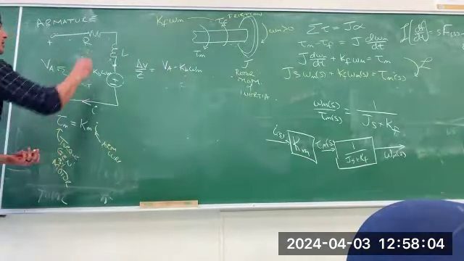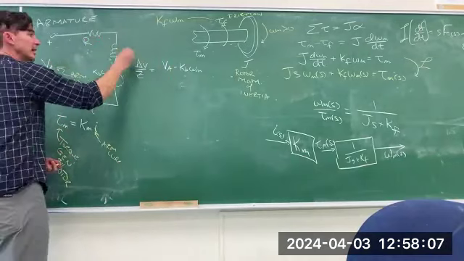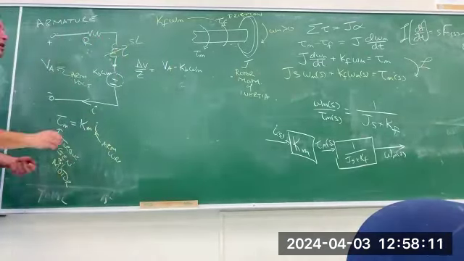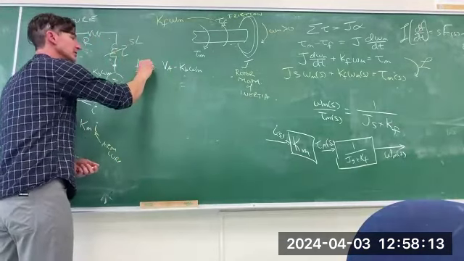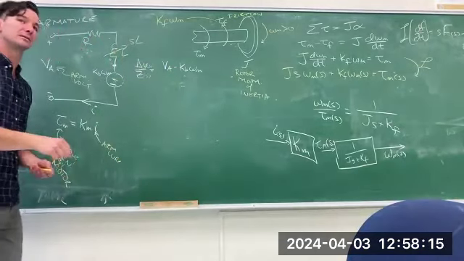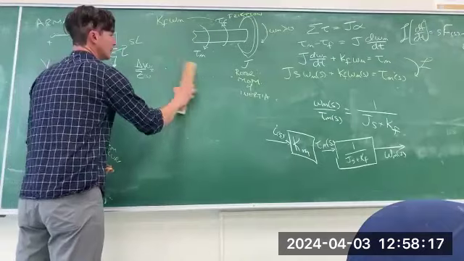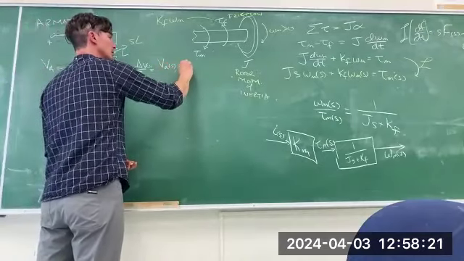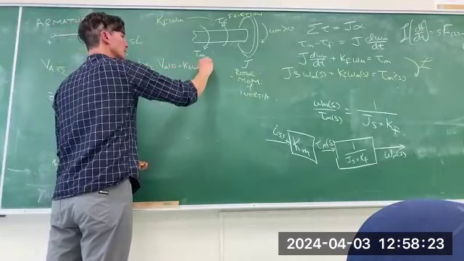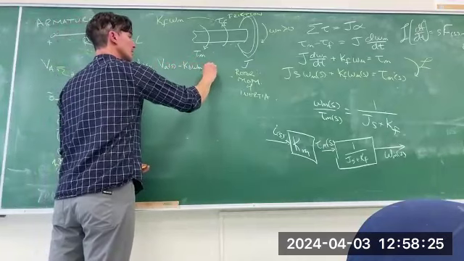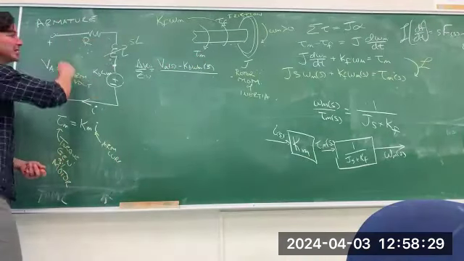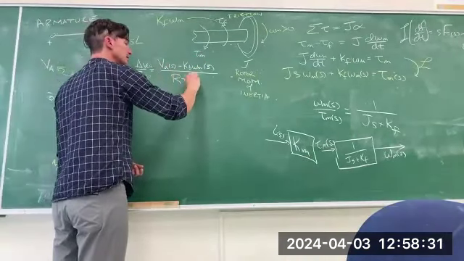So this R becomes R, this L becomes SL, and now we can properly talk about Z of S, as long as we have delta V of S. Okay, so the series impedance is going to be R plus SL.